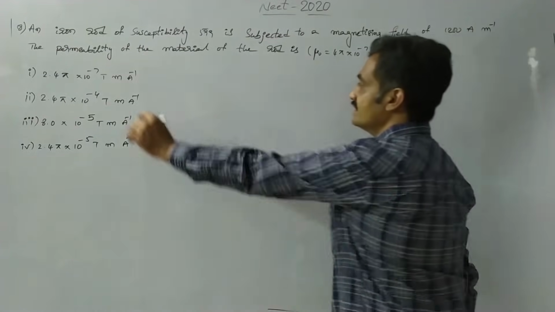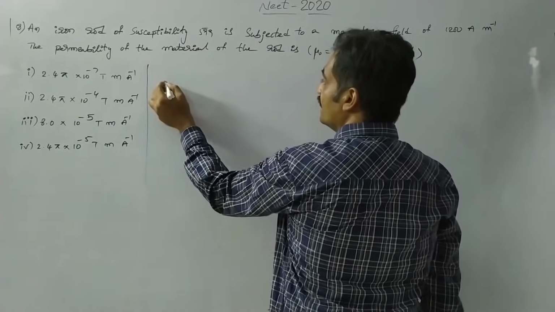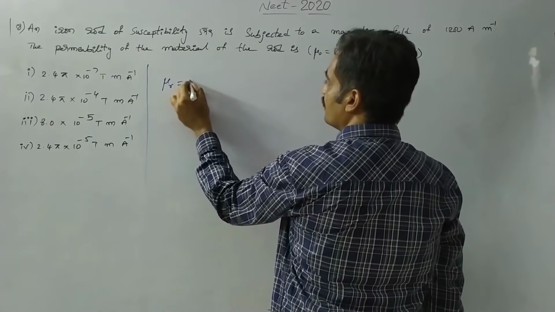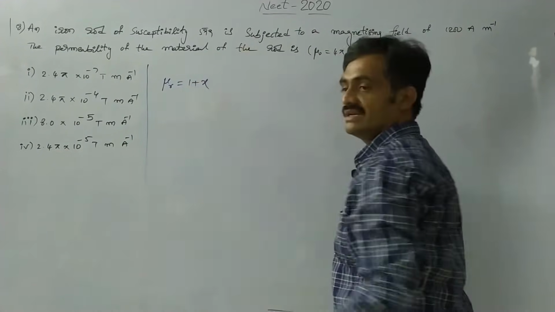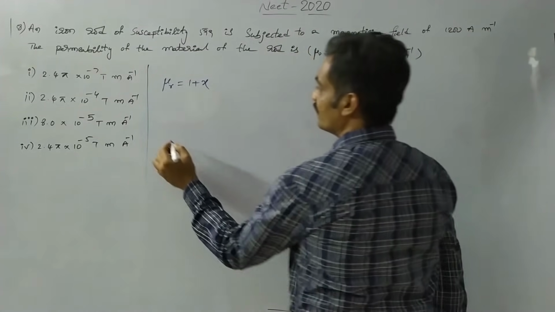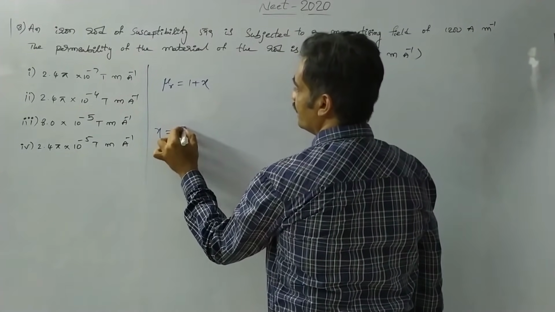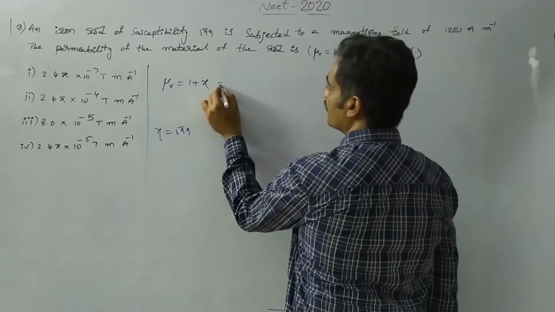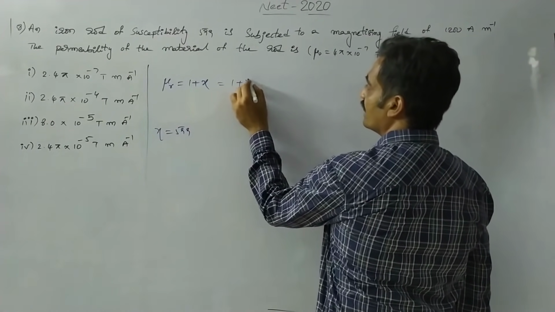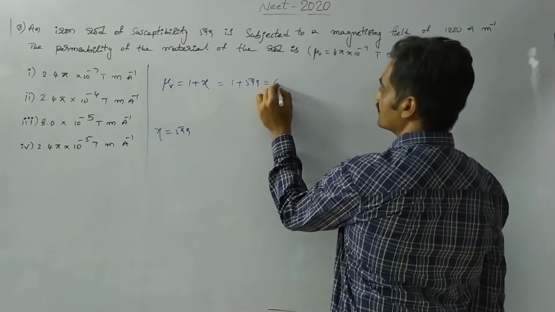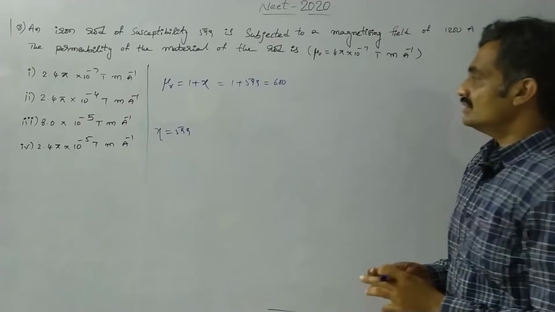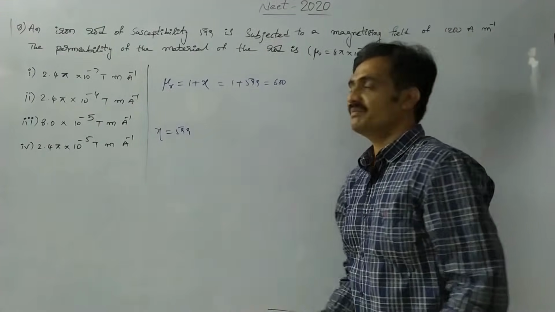So in order to find this, here we know that the relative permeability is given as 1 plus susceptibility, where here susceptibility is given as 599. Then based on that, we can write it as 1 plus 599 is equal to 600. So here we have derived relative permeability.